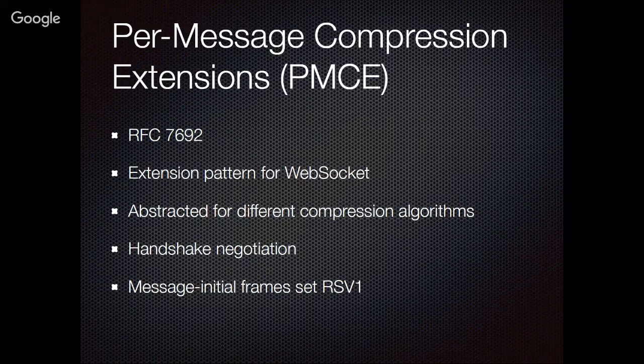This is defined as a generic idea that can accommodate any compression algorithm. The only one in popular use right now is deflate, but there are a number of new compression extensions that could potentially be designed for it.